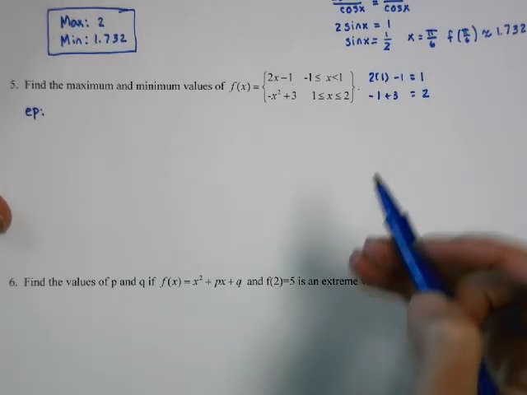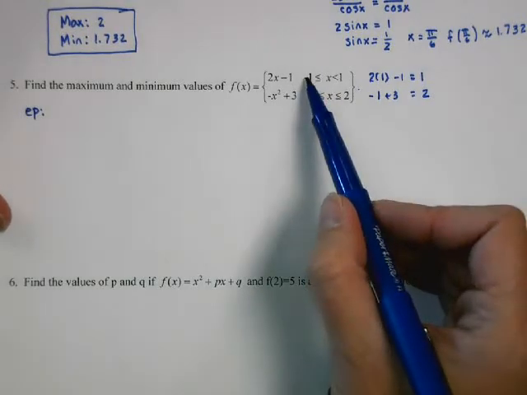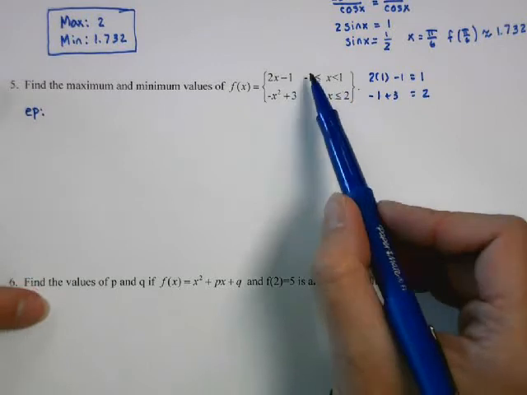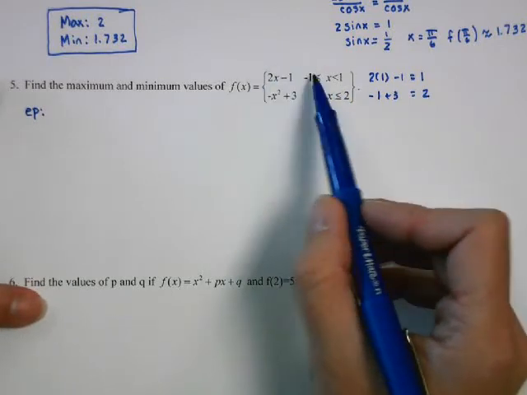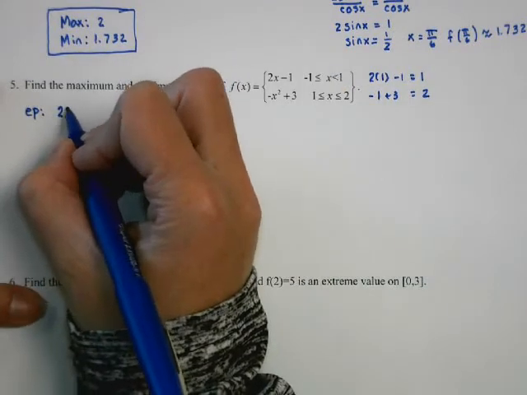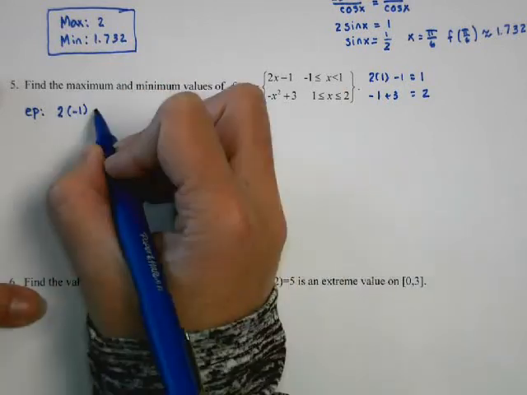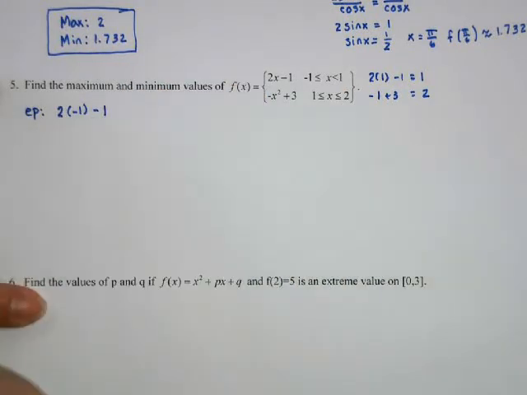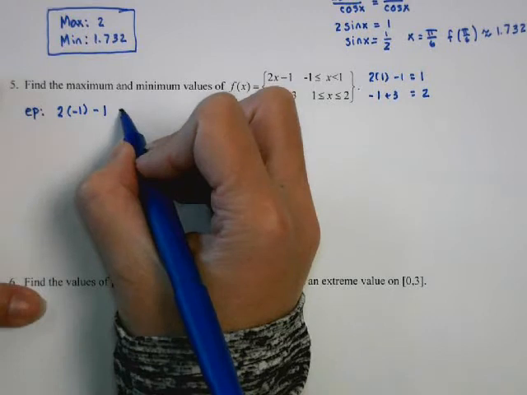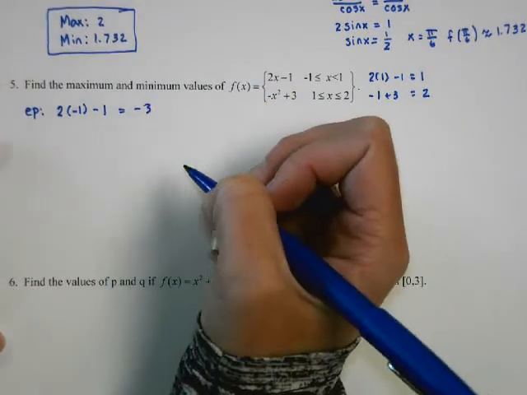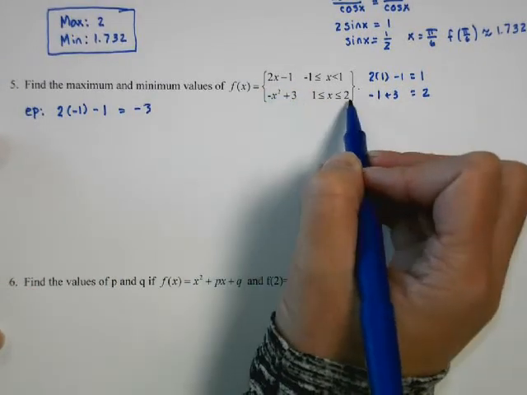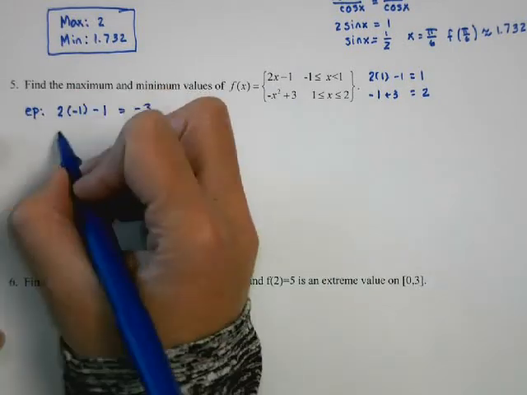So the endpoints, our graph is going to start at negative 1 and end at 2. So the negative 1 we're going to evaluate in this function. So 2 times the negative 1 minus 1 is negative 3. For the other endpoint at 2, we plug it into that equation.